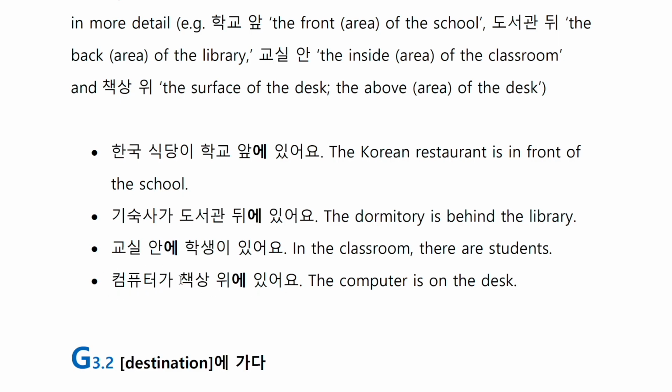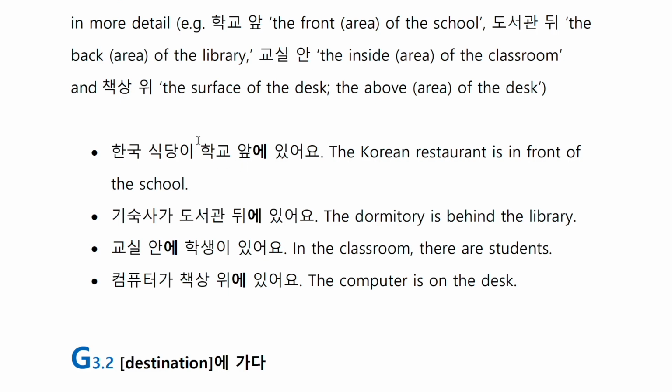So computer, the location is 책상 위, on the desk 있어요, exist. 그렇죠. So as long as you put 있어요 at the end of the sentence, then you can change the order of these units in the sentence, depending on what you want to emphasize more.